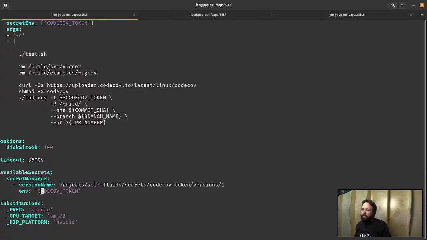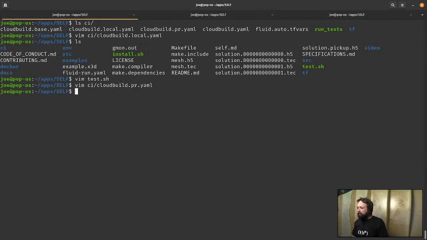So you can use Secret Manager to define an environment variable. Here it's called codecov token, to reference something that's safe to put out there, not the actual value of the token, and then you can reference it above like this with the double $ sign out front. So it's kind of nice using Secret Manager and Cloud Build to get all this done. Sorry for the bit of a tangent here.